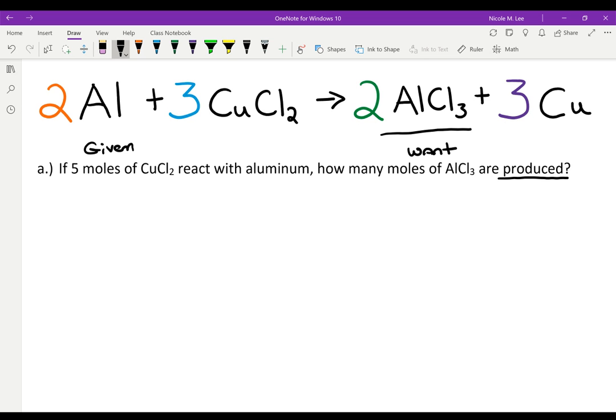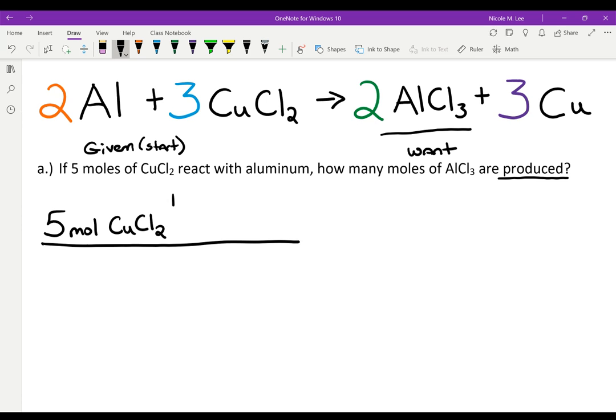As always, start with our given information. This is where we start, right here: 5 moles of copper 2 chloride. In my grid, I have moles of copper 2 chloride in the numerator, so in the denominator you will have the same thing, moles of copper 2 chloride. How many moles of copper 2 chloride?